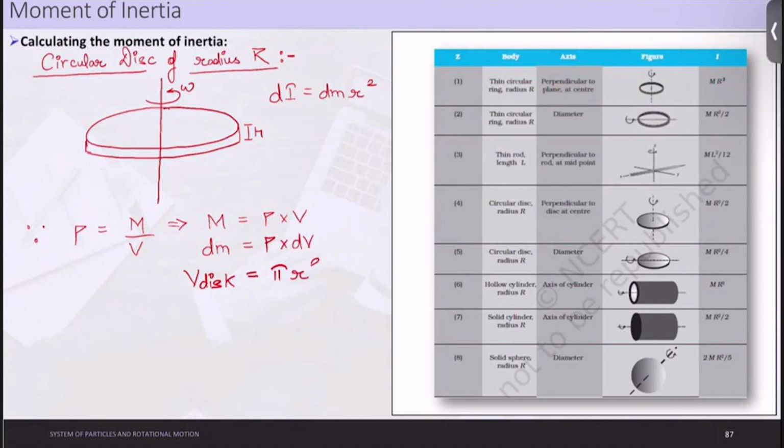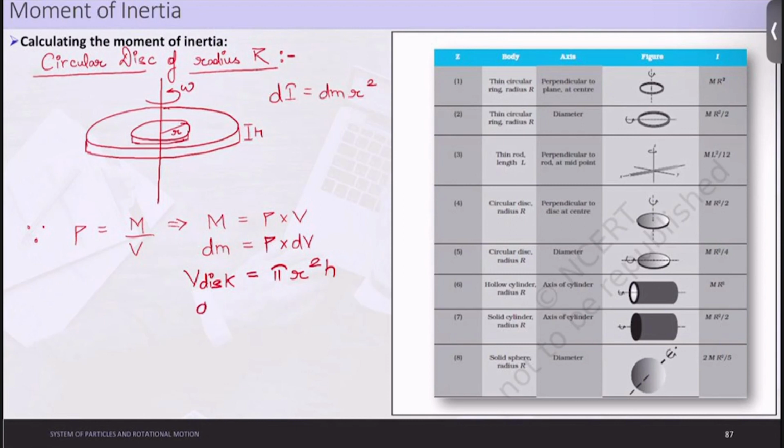Because we take it for a very small r first of all, and then we increase our radius from 0 to the value which is required. So let us say we are taking a very small disk like this, for which we are trying to calculate the volume. So this is v basically.